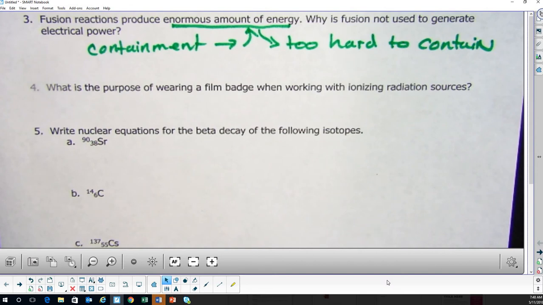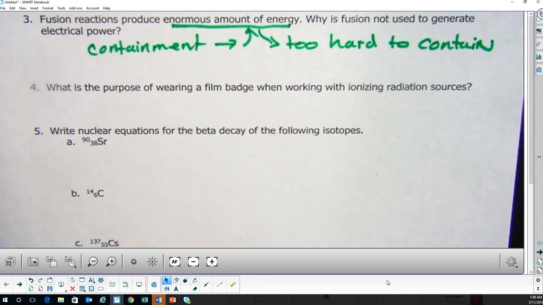It's usually a name badge with something underneath it, sort of like a ROY G. BIV thing that fills up when you are exposed to X-rays or radiation. So a film badge basically tells me if I've had too much radiation and I have to stop.